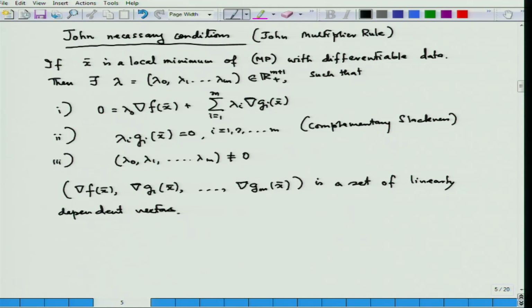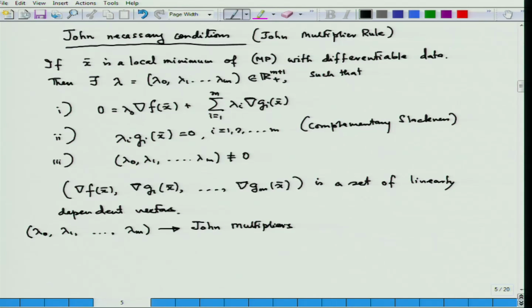Now, one might get worried about what would happen if lambda naught is equal to 0. Of course, if lambda naught is equal to 0, then f is not a part of the problem, and such a multiplier is called an abnormal multiplier. So, this set of so-called multipliers with the objective and constraints is called the John multipliers.